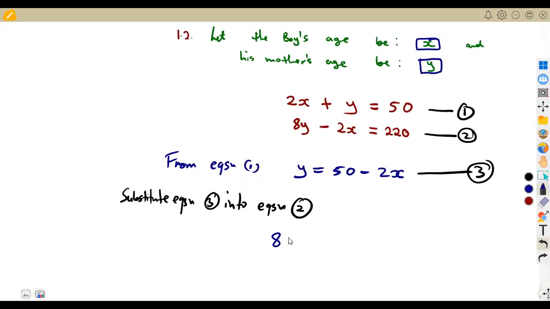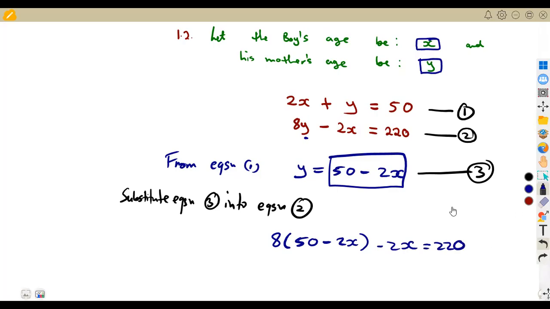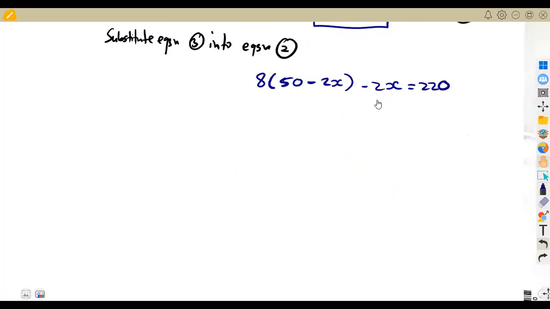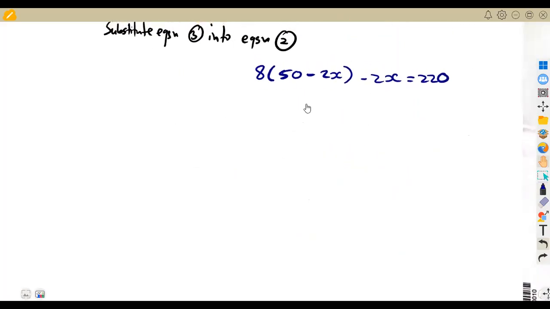So that is going to be 8 into y, in this case, which is 50 minus 2x. This is what is representing y. Then here we already have this, so we just rewrite in terms of x as it is, and this is equal to 220. We have formed an equation that only has x, which is an advantage.